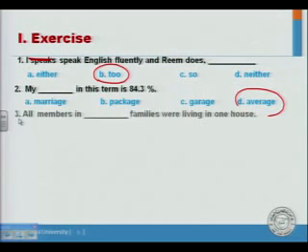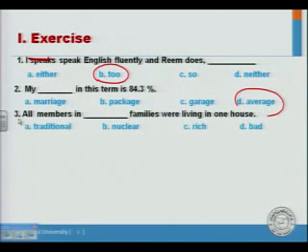Number 3, all members in families were living in one house. Traditional, nuclear, rich, bad. The answer, since they were living in one house, all members, I mean by members here uncles, aunts, children, grandfather, grandchildren, and so on.